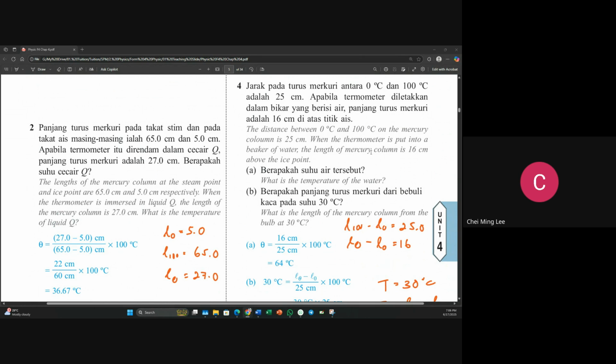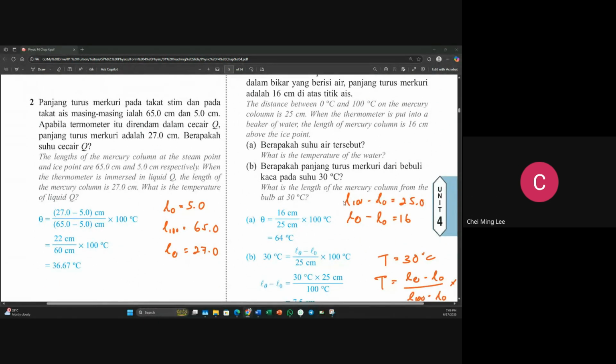So the 100 minus 0 is 25.0, and this one is 16. By using 16 over 25 times 100, you get 64 degrees for the temperature of water.